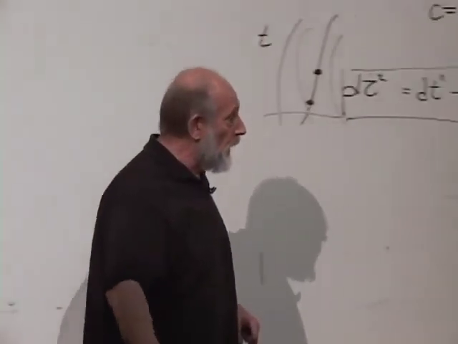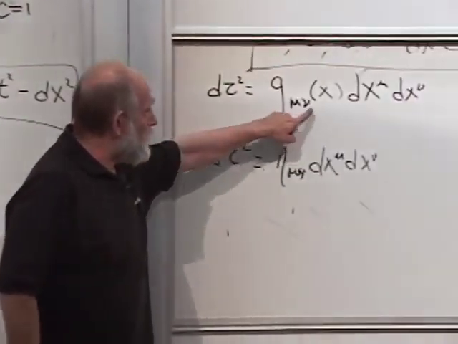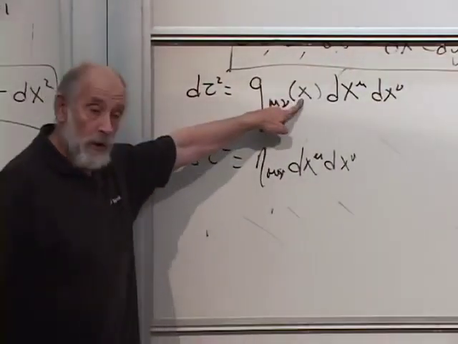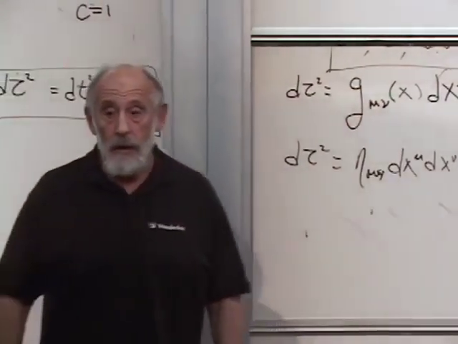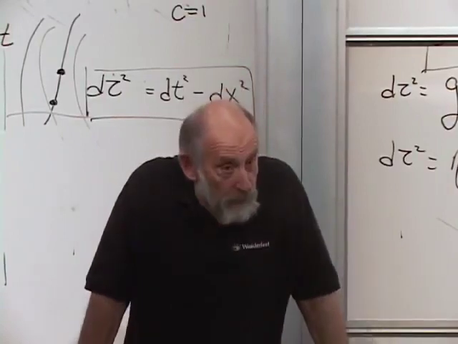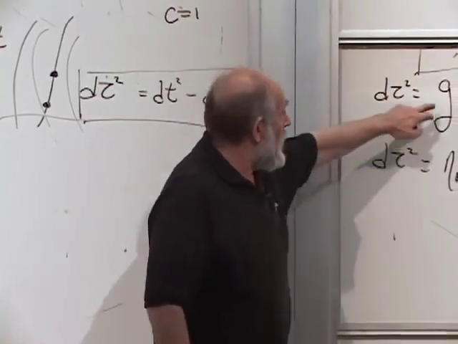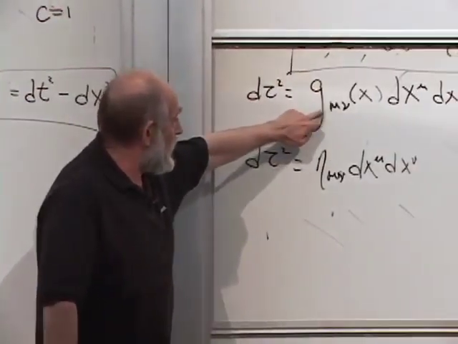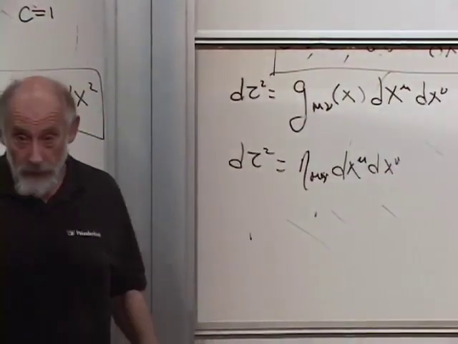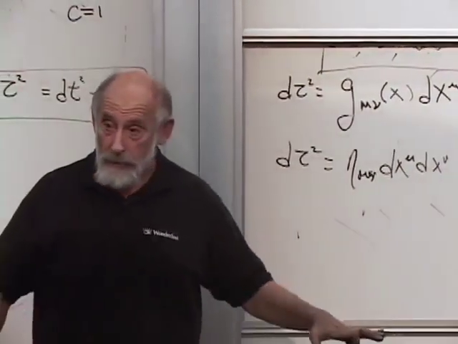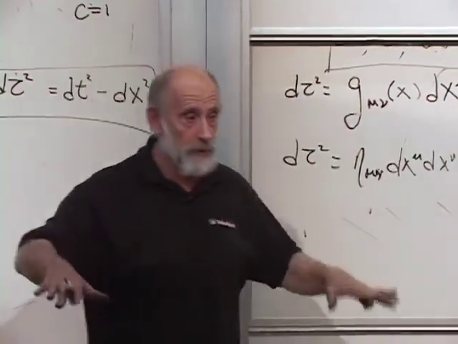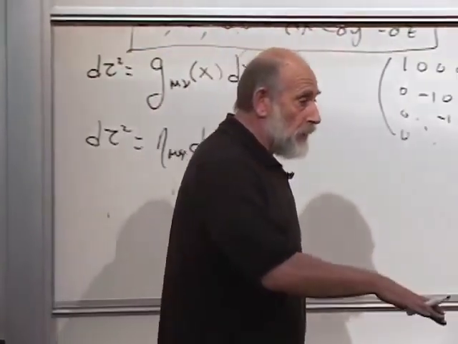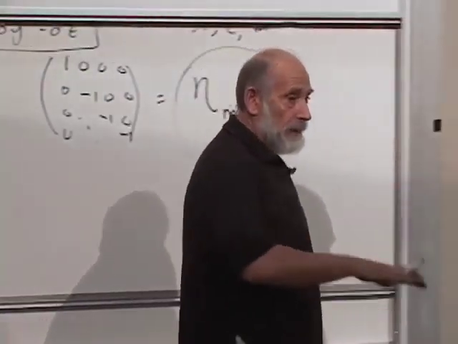In a general space-time, these metric components are functions of all of the coordinates. A particularly simple kind of space-time is one where the metric only depends on time and doesn't depend on space. That's the sort of situation you have when space is homogeneous, everywhere the same.